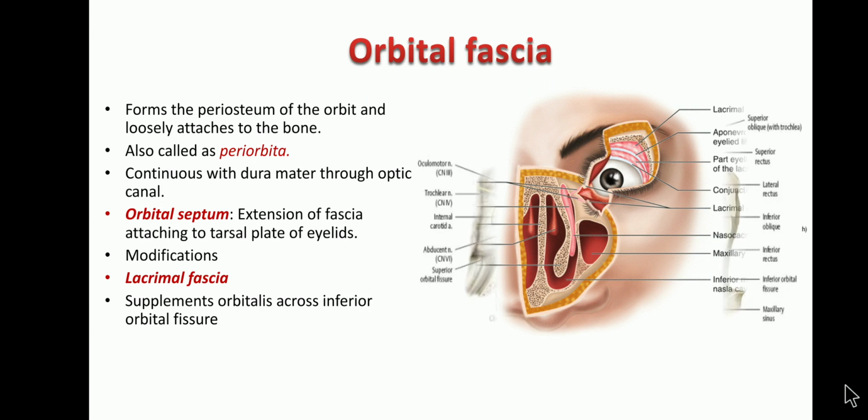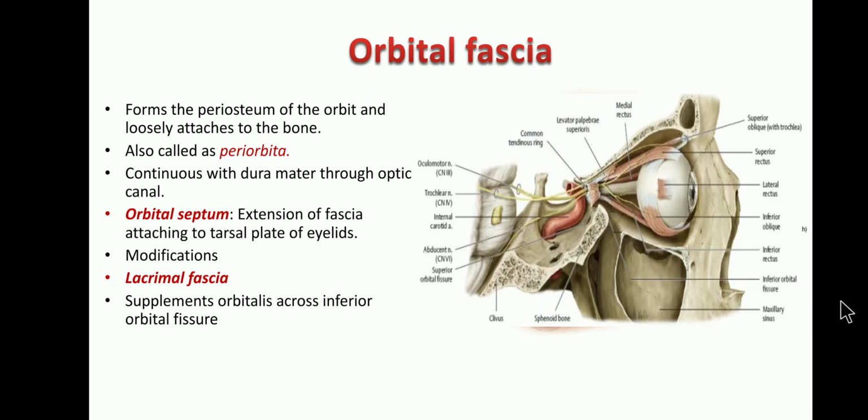One more modification is the fibrocartilaginous pulley which attaches to the trochlear notch, and through which passes the superior oblique muscle tendon. That pulley is contributed by the orbital fascia, which holds the fibrocartilaginous pulley of the superior oblique muscle.